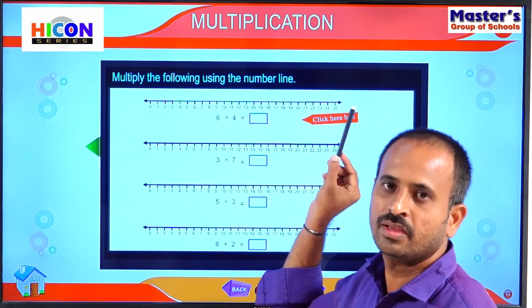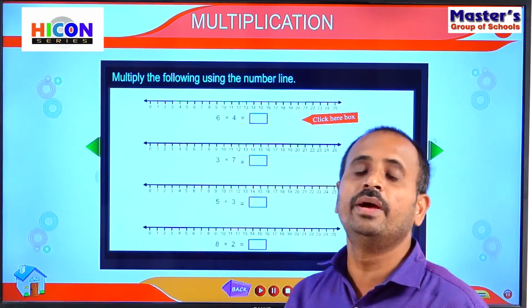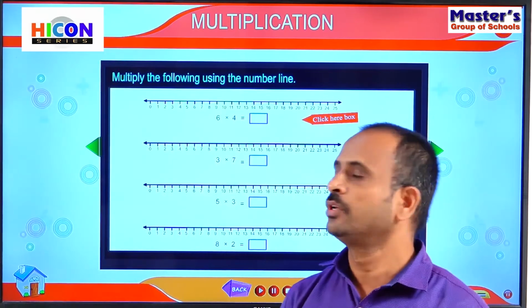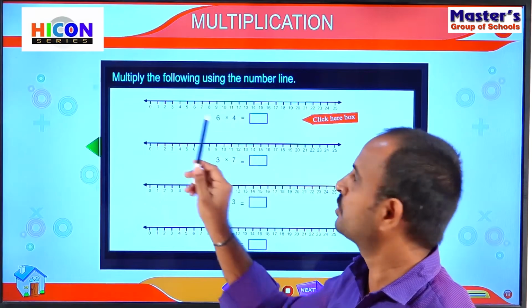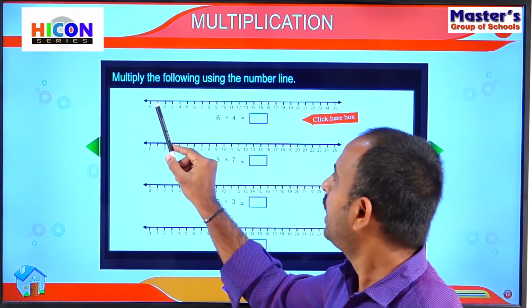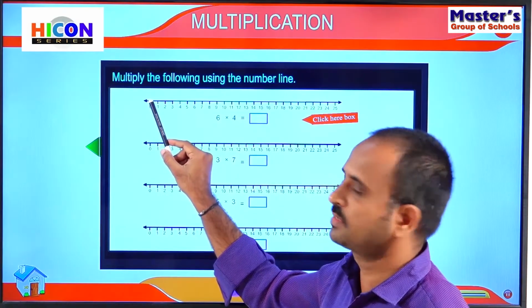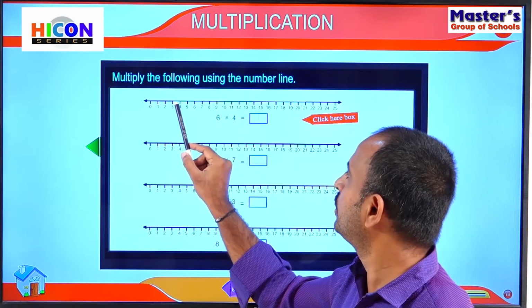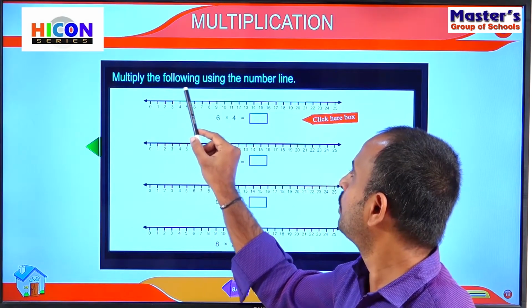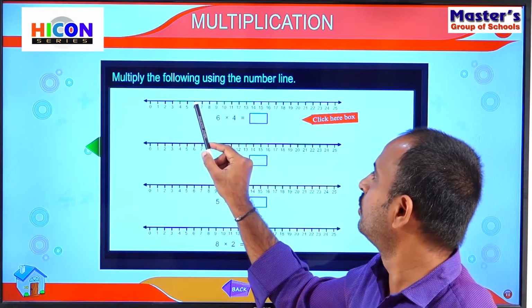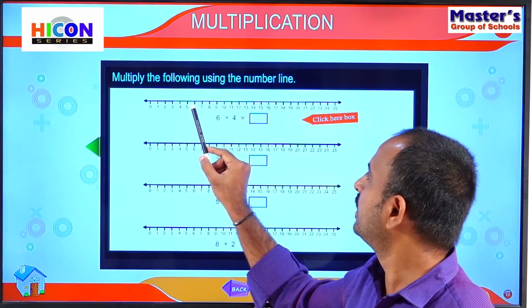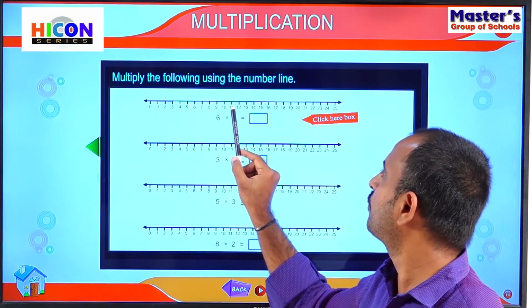steps forward. And for each step, how many numbers do you have to cross? You have to cross 6 numbers for each step. So start from 0 and cross 6 numbers, that is 1, 2, 3, 4, 5, 6. So up to 6, that is the first step. And again count 6 numbers, 1, 2, 3, 4, 5, 6.